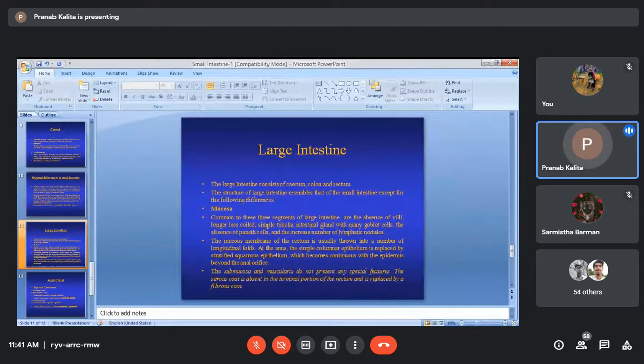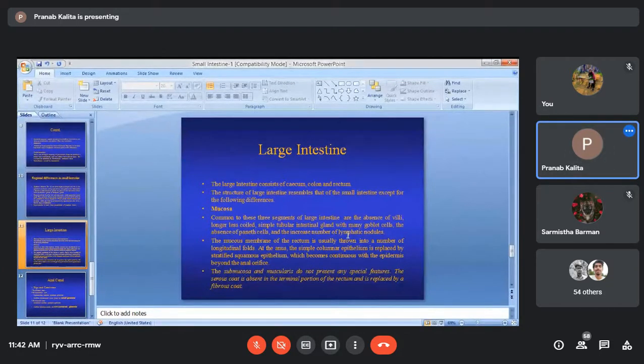As we go towards the large intestine, the number of goblet cells is increasing. There is absence of Paneth cells, which you find in the fundus of the crypt in the small intestine. Paneth cells are acidophilic granular cells in ruminants and horses, and these are missing in the large intestine. You won't find them. And there is an increased number of lymphatic nodules, so lymphatic nodules increase towards the large intestine.